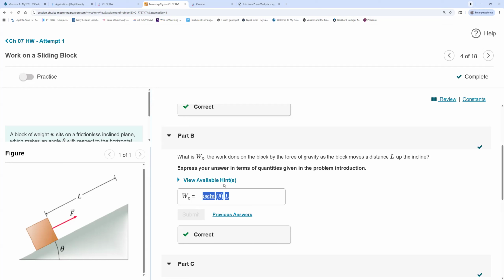Another way of understanding the negative is whenever the force you're calculating the work for seems to be pointing in the opposite direction that it's going, then you should expect it to be a negative work. Okay, I'm getting the negative, I'm just not getting the geometric identity, I guess.